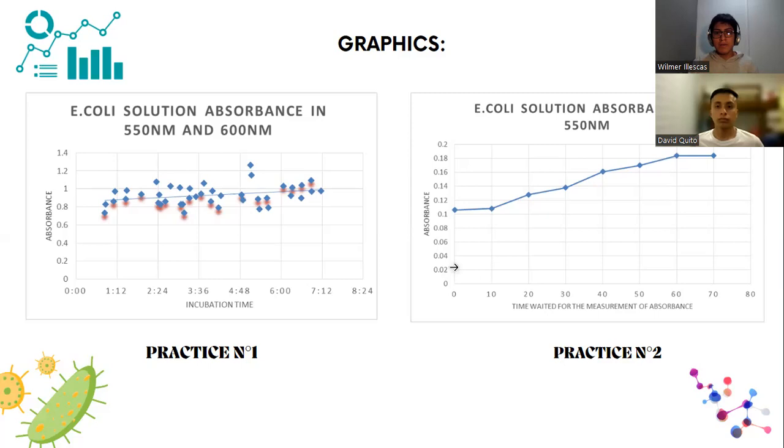However, as you can see in the first graph on the left, this is sort of a mess. All of these data are not well organized. Here we had in just one graph two specific measurements: 550 nanometers and 600 nanometers.